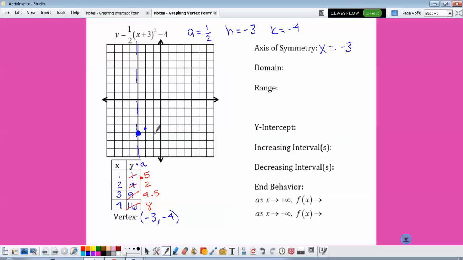I'm going to go over 2, up 2, over 3, up 4.5, and over 4, up 8. And then I'm going to reflect them on the other side of my axis of symmetry. I'm going to connect the dots to make my parabola.